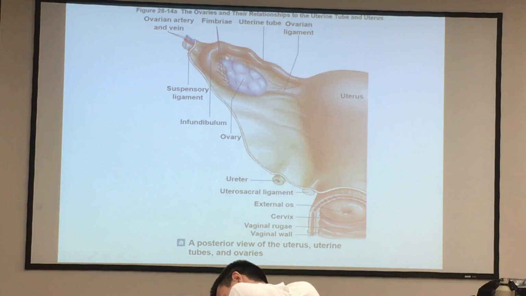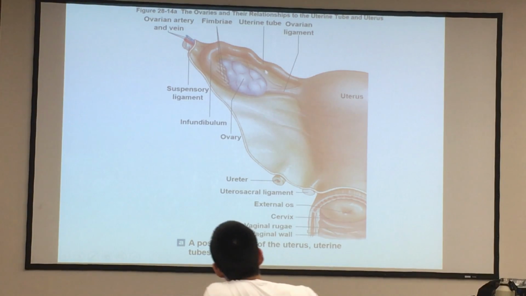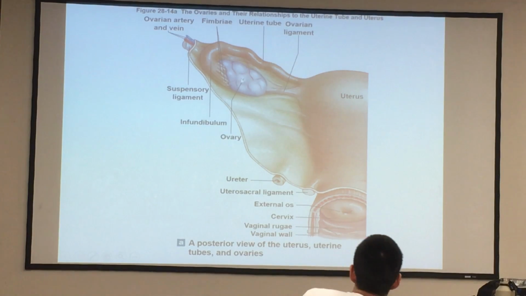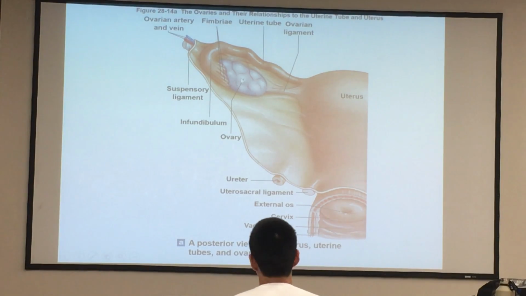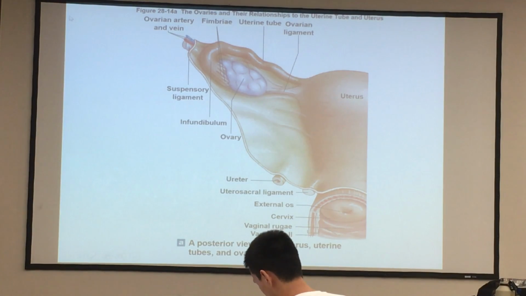In between is the membrane here, that's the mesovarium, holding the ovary. So the ovary can move a little bit, but the top and the bottom are fixed. Okay, but the whole piece here can move a little bit right and left. And you can see the surface is not smooth. A little bit here, this one is the follicle.